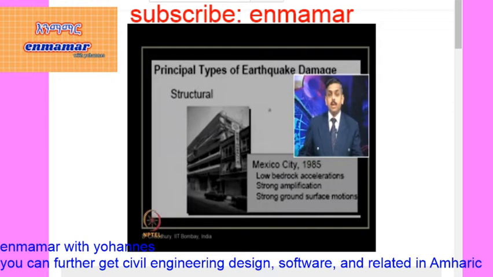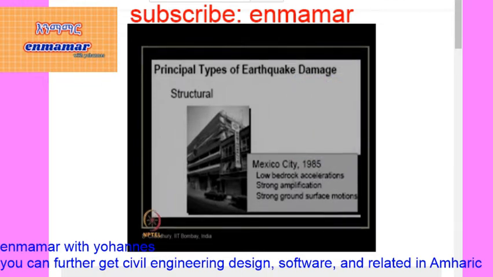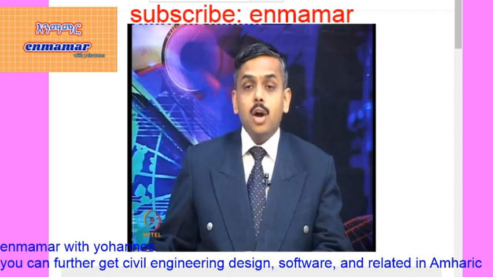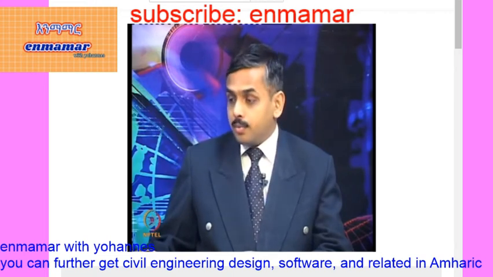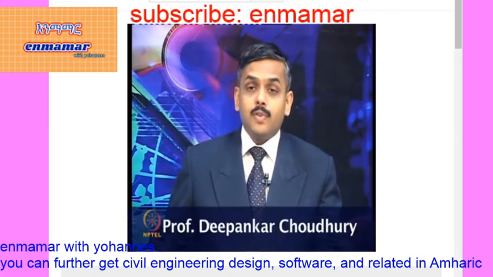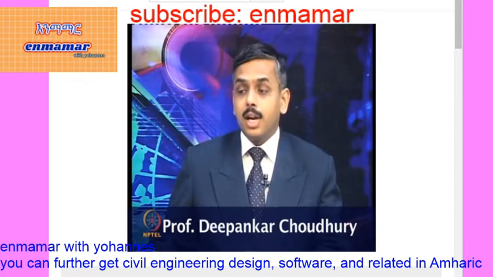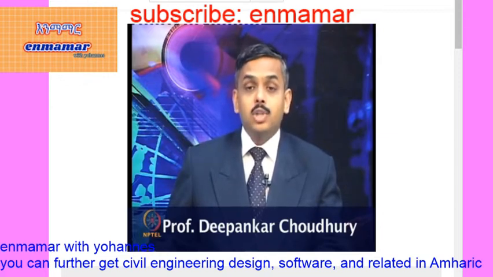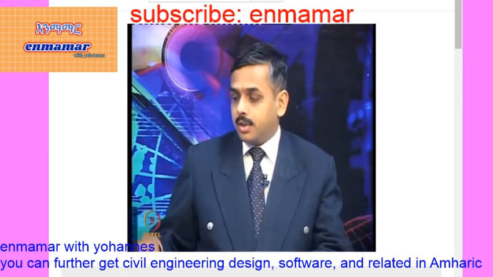So finally a huge earthquake damage occurred in the Mexico City earthquake, though the basic input acceleration was pretty low. Very strong surface ground motions finally created the entire damage after this 1985 Mexico City earthquake.